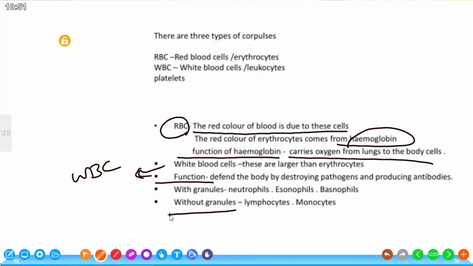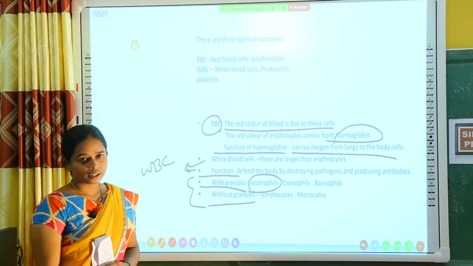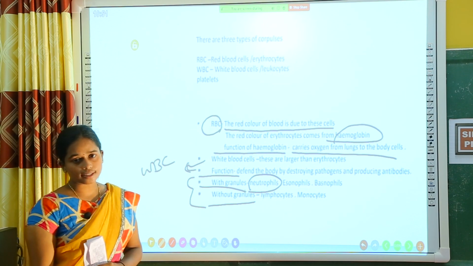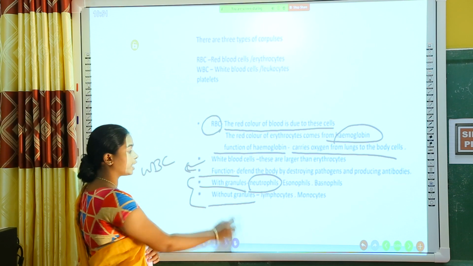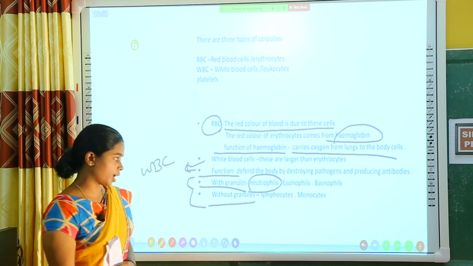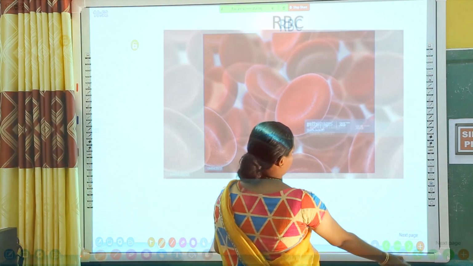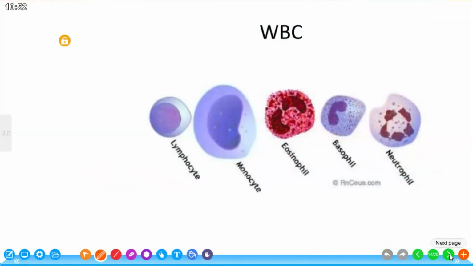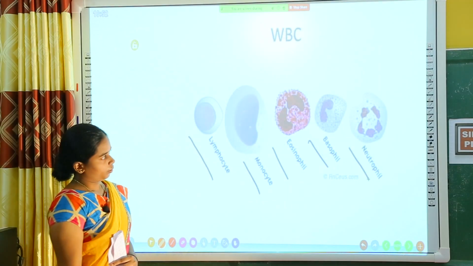In percentage, neutrophils have a high percentage. Here you can observe lymphocyte, monocyte and eosinophils, basophils and neutrophils.